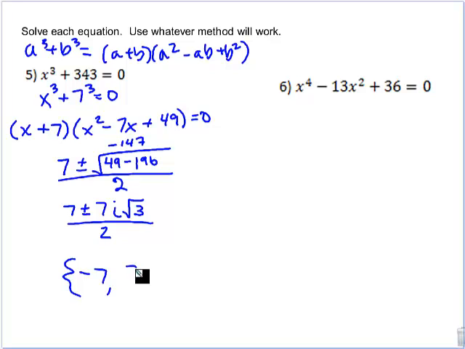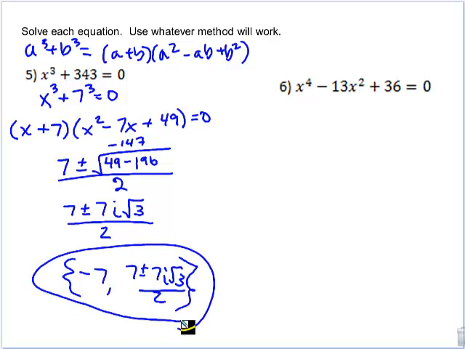That can't be simplified, so that would be our other two answers. Okay, so this is combining a few different things that we've learned all in one.